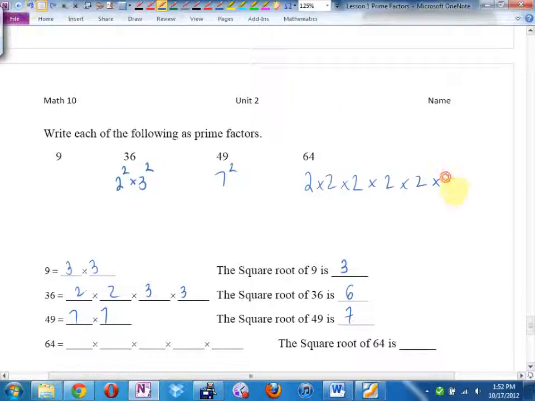Another 2. 64 is actually how many 2s? 6 is correct. It's actually 2 times 2 times 2 times 2 times 2 times 2. Or if I pair them up, it's 3 sets of 2. But we don't write 2 cubed as its square root. What is 2 cubed? 2 to the 3rd power? 8. Square root of 64 is 8. But I am showing you a different way to find square roots on the fly.